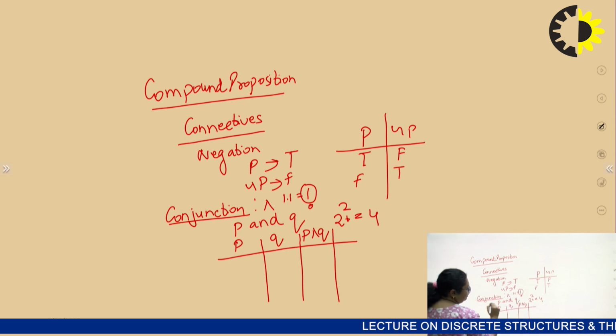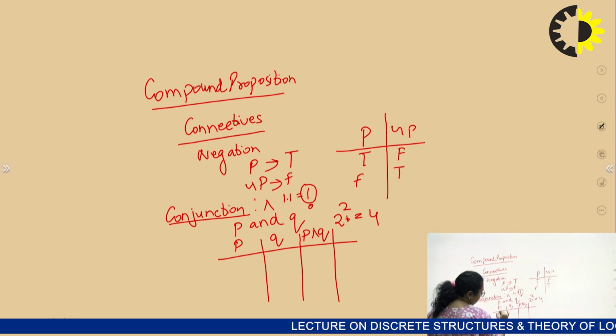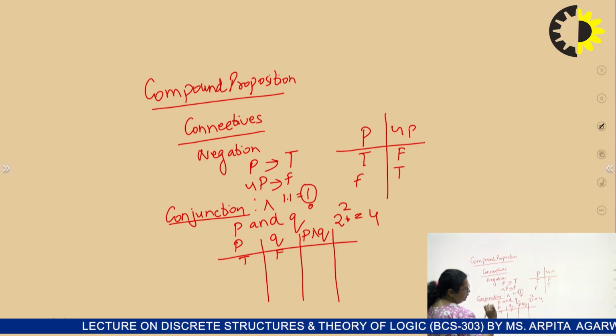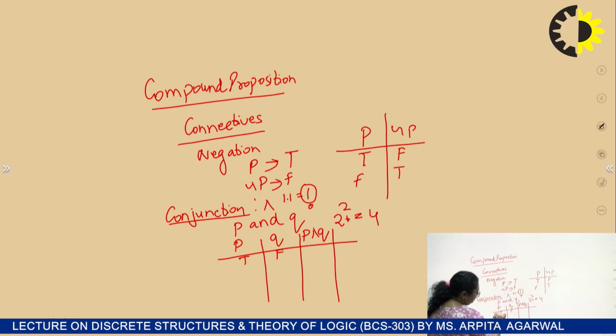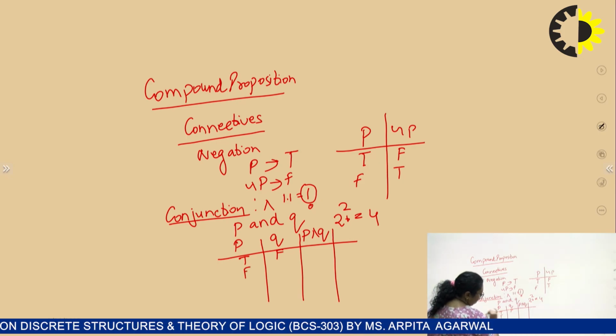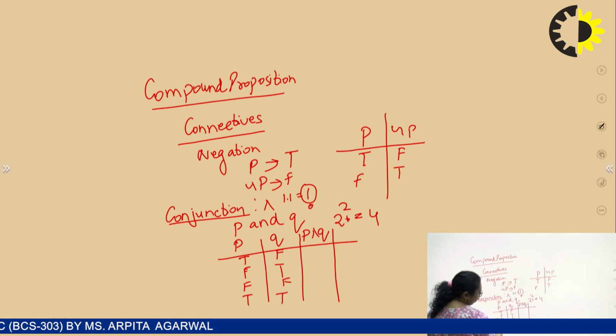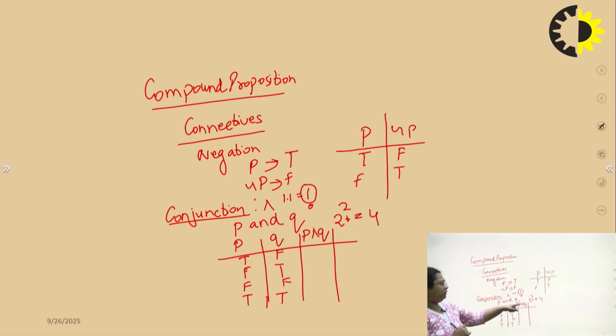Now let us understand with the help of a truth table. Suppose P has the true value and Q has the false value. We will have a total of 4 cases for truth values: true false, false true, then both false, and both true. So these are the possible combinations. How will we carry out conjunction for it?